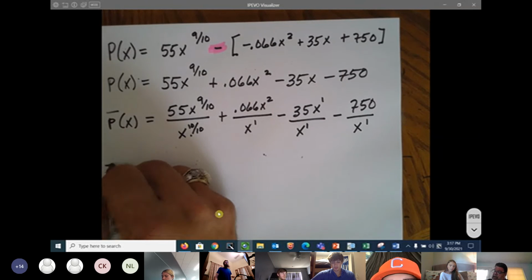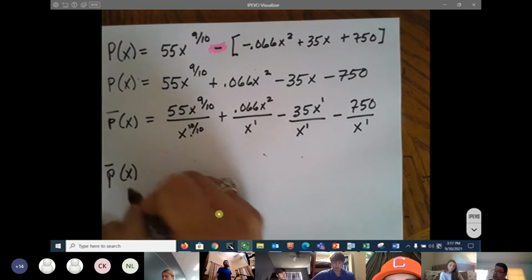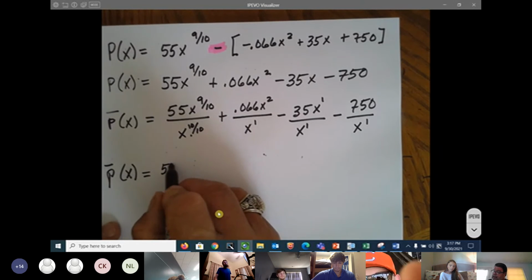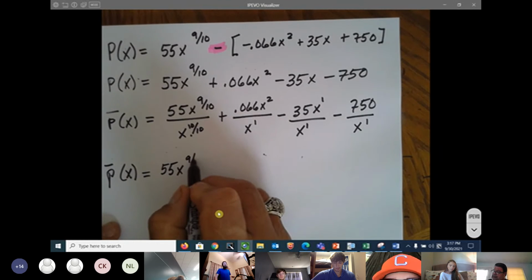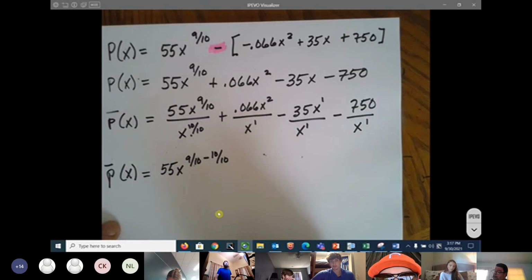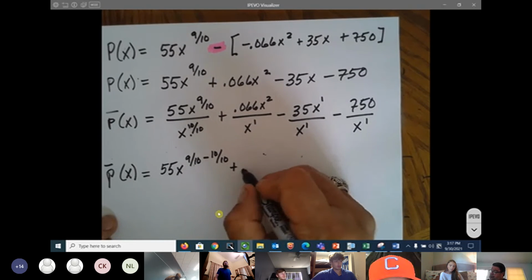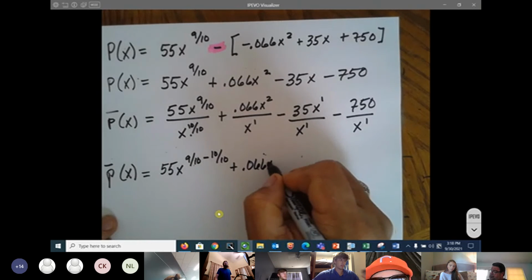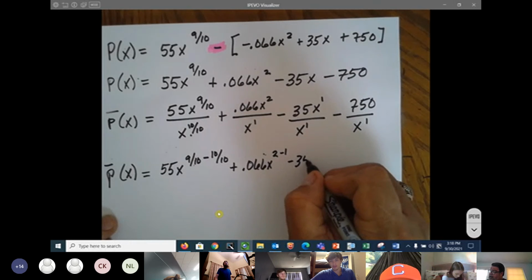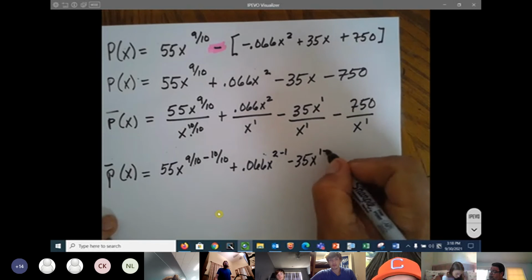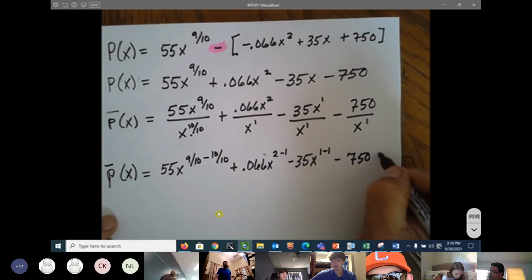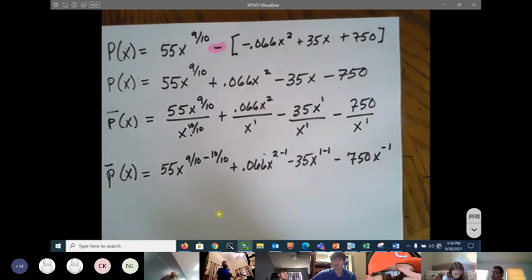So P hat, or average profit, is equal to 55 X to the 9/10 minus 10/10 plus 0.066 X to the 2 minus 1 minus 35 X to the 1 minus 1 minus 750 X to the negative 1.